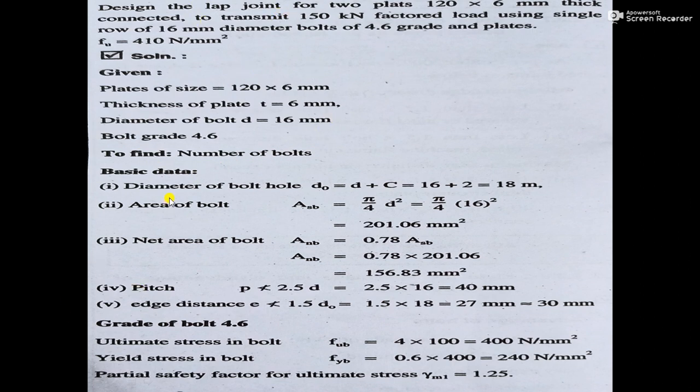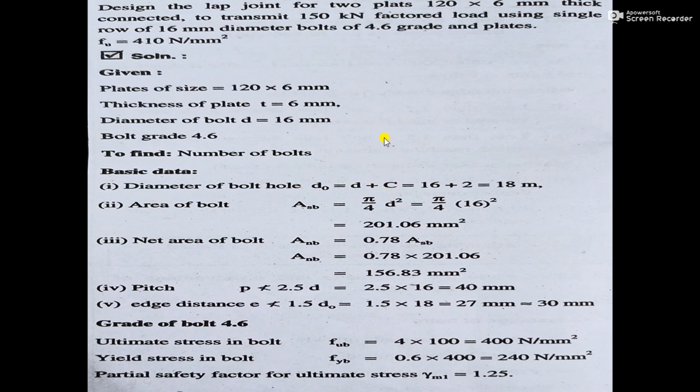So the basic data here is the diameter of bolt hole, for which I gave the notation in the last lecture. The given bolt diameter is a nominal diameter. That nominal diameter is the diameter of bolt before bolting, and the gross diameter or hole diameter is the diameter of bolt after bolting. So some clearance should be added to calculate the hole diameter or bolt hole diameter, so to this nominal diameter we have to add.